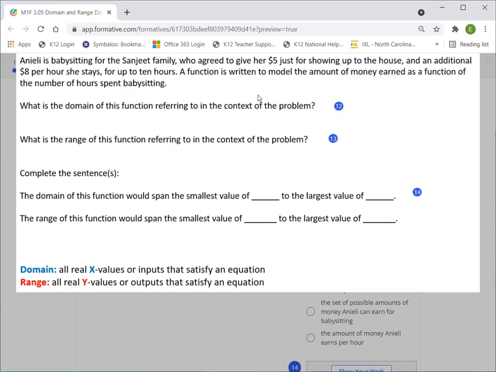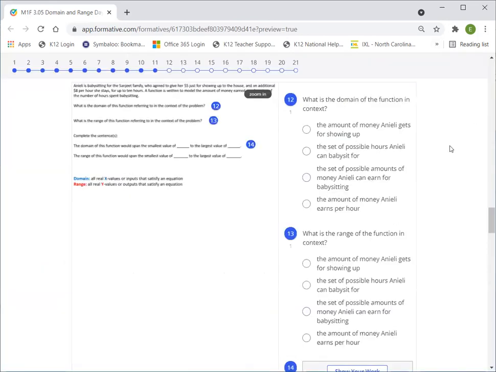Okay, so first we want to identify the function, the domain and range. Here we're looking at the amount of money she's earned and the number of hours. Again, time will always be your independent variable. We cannot change time.